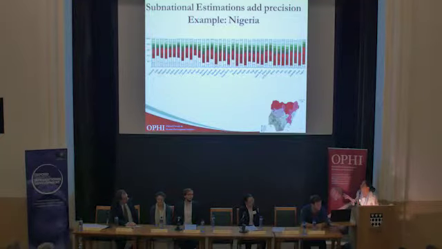So the poorest regions of Nigeria are at the left side of this graph, and you can see that the composition of poverty is more or less equally divided between the different dimensions, but this composition changes as we move along the axis to the wealthiest regions of Nigeria.